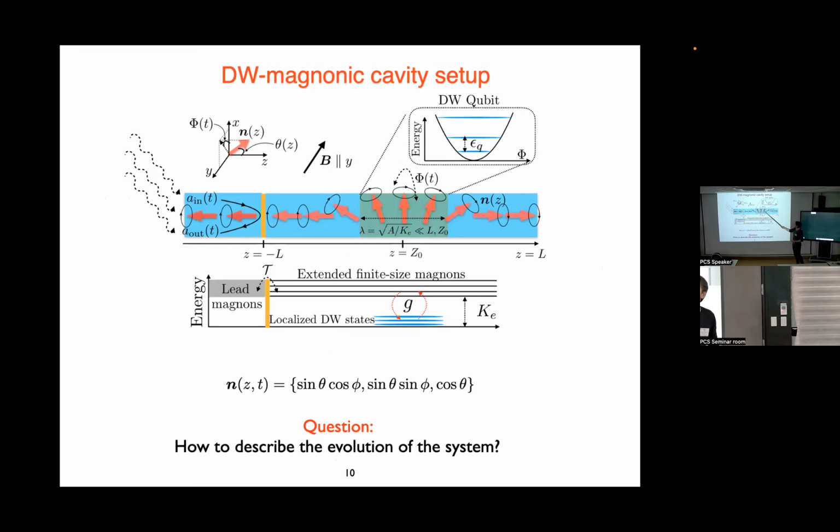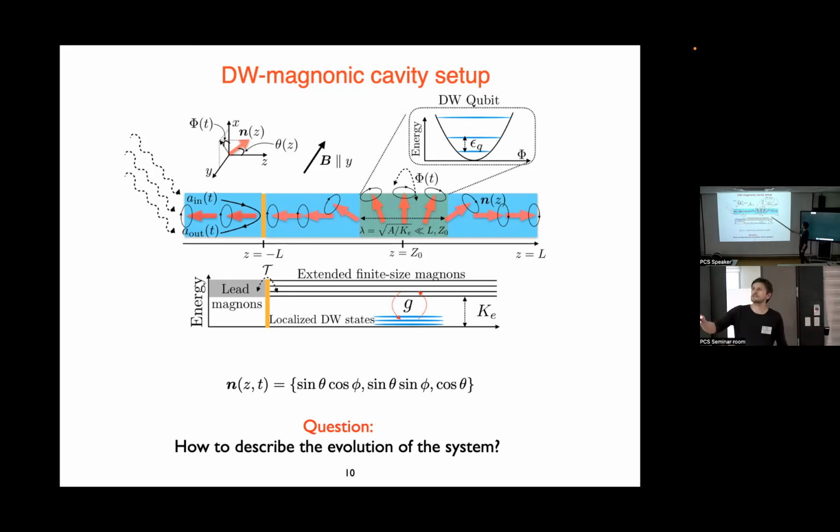We have a domain wall in an insulating wire, pinned at position D0, with a finite size of the domain wall. Here there is a barrier between this waveguide and the external world where you apply microwaves to manipulate.